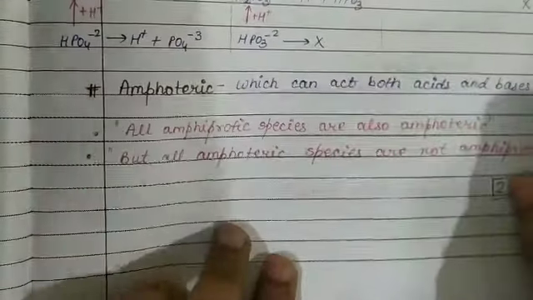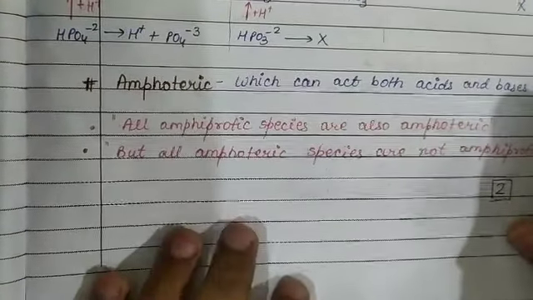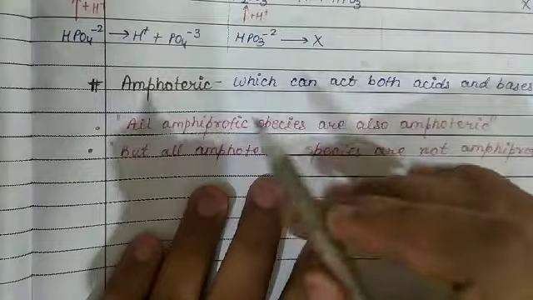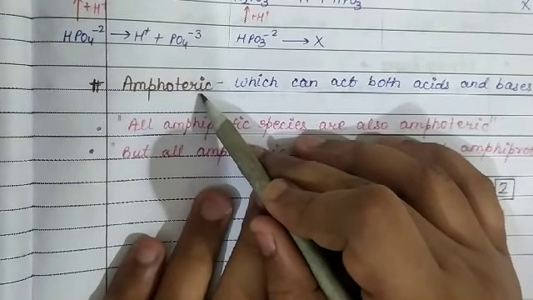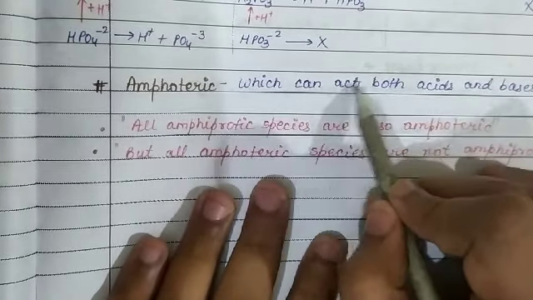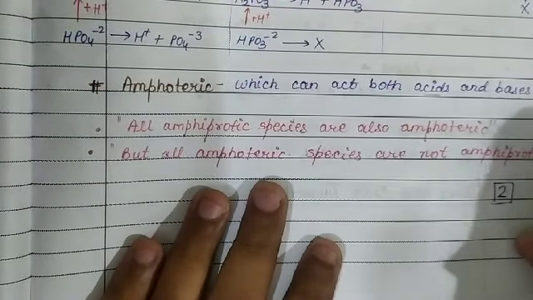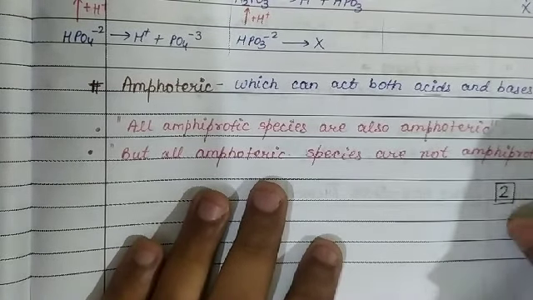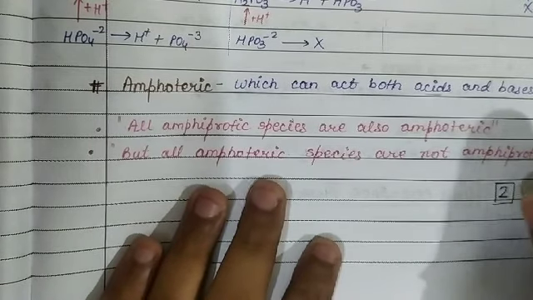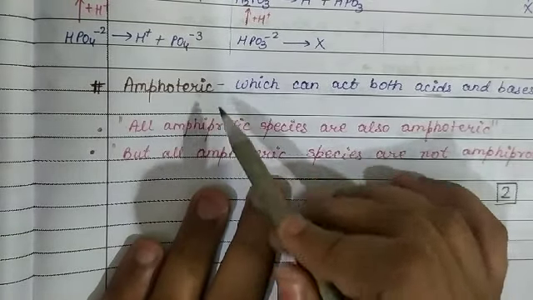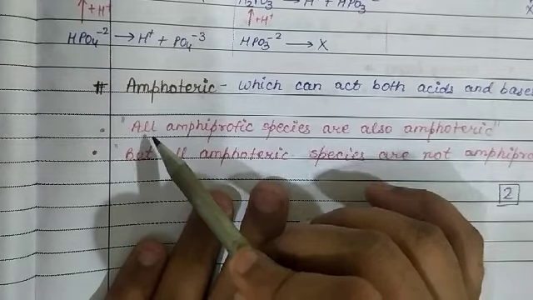See, now the next term is amphoteric. What is amphoteric? Basically, amphoteric species are those species which can act as both acid and base. See the difference between amphoteric and amphiprotic.